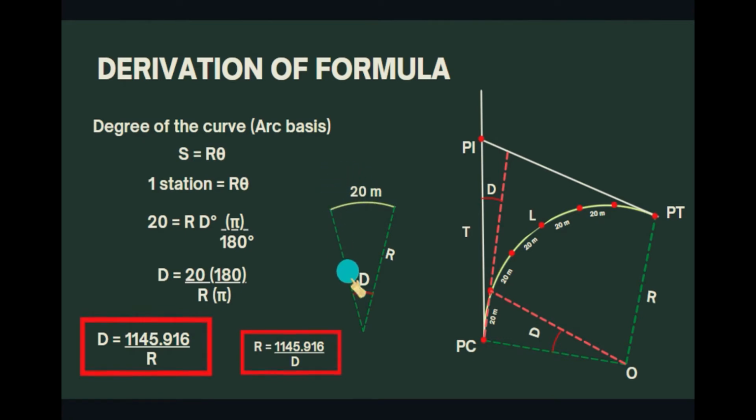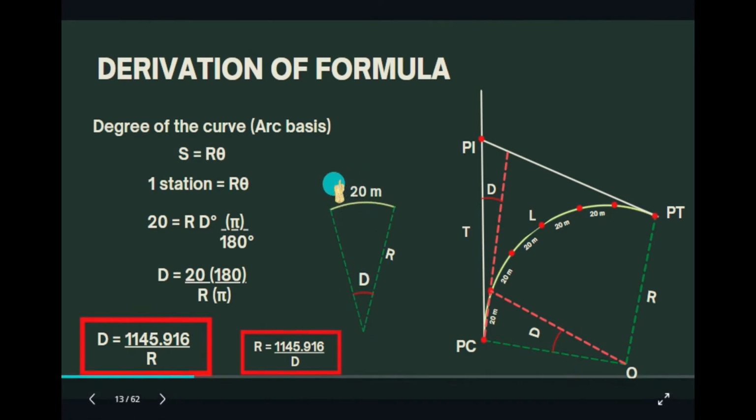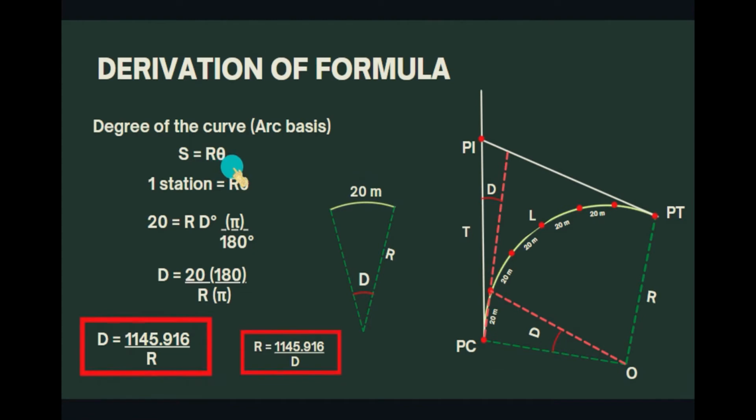Since this is a sector of a circle, we can just use the formula S = R theta, where theta shall be in radians. And since D is in degree measure, we need to multiply it by pi rad over 180 degrees. So 1 station, which is 20 meters, is equal to R times theta, where theta is D pi over 180 degrees.